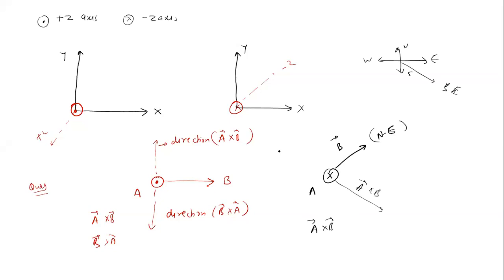Are you getting this or not? No, no, A is inside the plane. Okay, wait. I'll show you with the front camera, but you will not understand directly. That is the problem. I have shown you A cross B and you did not understand.